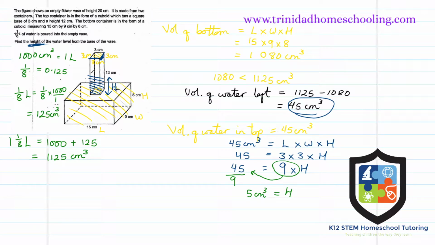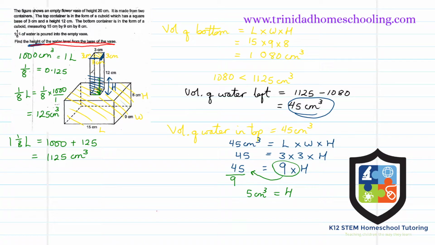Now, it is not the height from the base of the vase. This is the height from the base of the top container. This is how high the water level is in the top container. So what we want to find is the height of the level of water from the base of the vase.